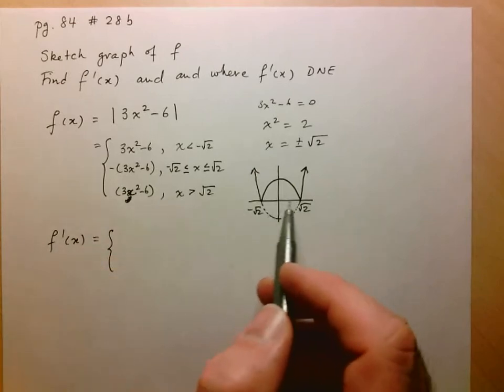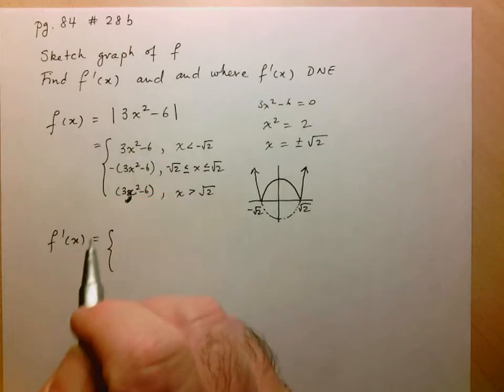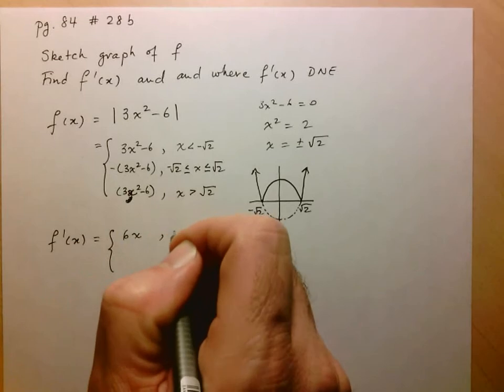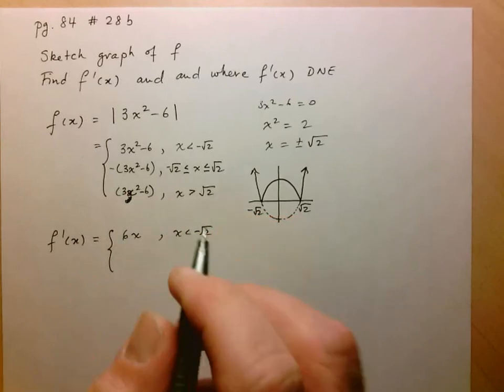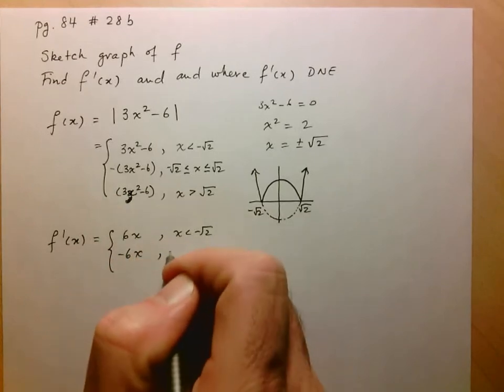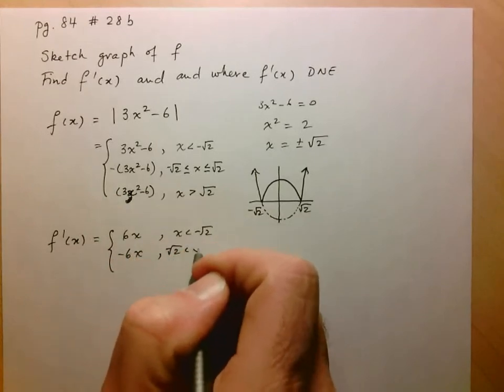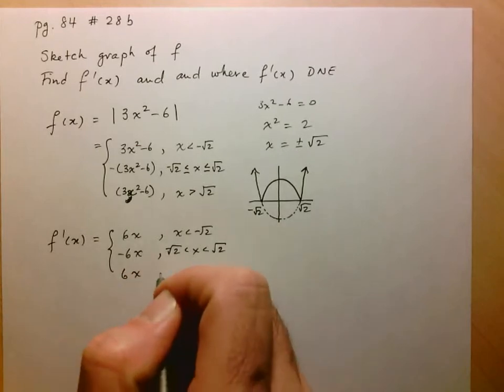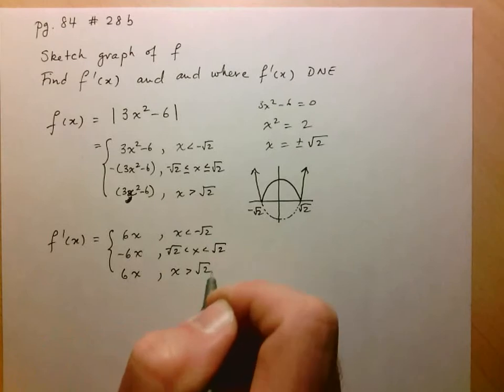We already kind of know from the graph that it won't exist. So here, the derivative of the first is just going to be 6x, so that's for x less than negative root 2. And then this is just going to be negative 6x. And this is again going to be 6x for x greater than root 2.